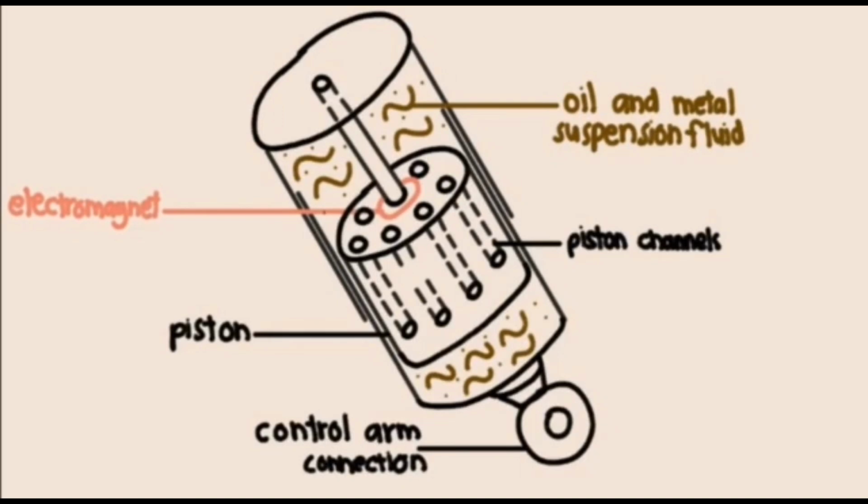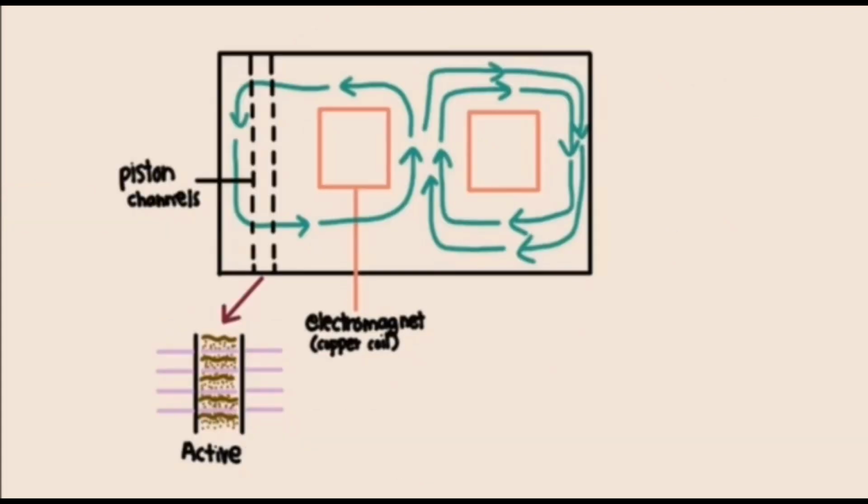So, we send a current to the coil of copper wires inside the absorber. It will create a magnetic field. The magnetic field passes through the piston channels where the oil is passing through and activates the suspension. Due to the magnetism applied, the iron particles in the oil bond with each other. It lines up all these tiny magnetic particles inside the suspension, and they make the oil increase in viscosity.